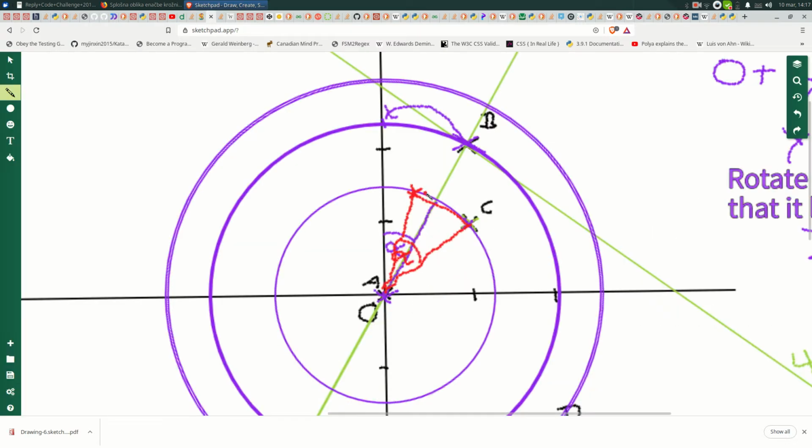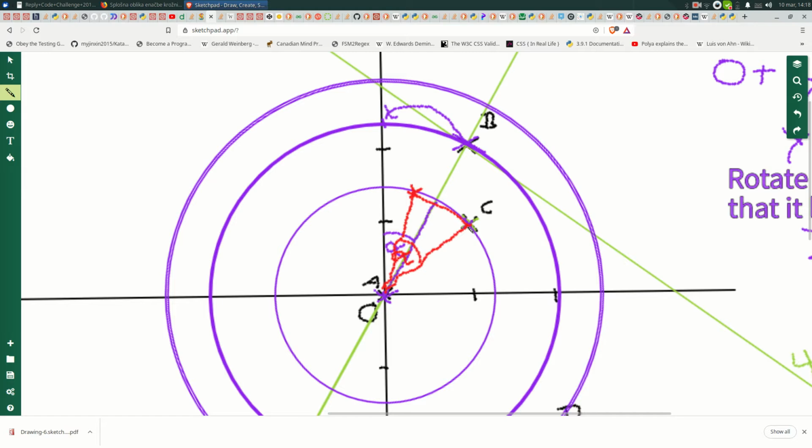So we got this thing and get there. And we of course know the distance between that is the same.